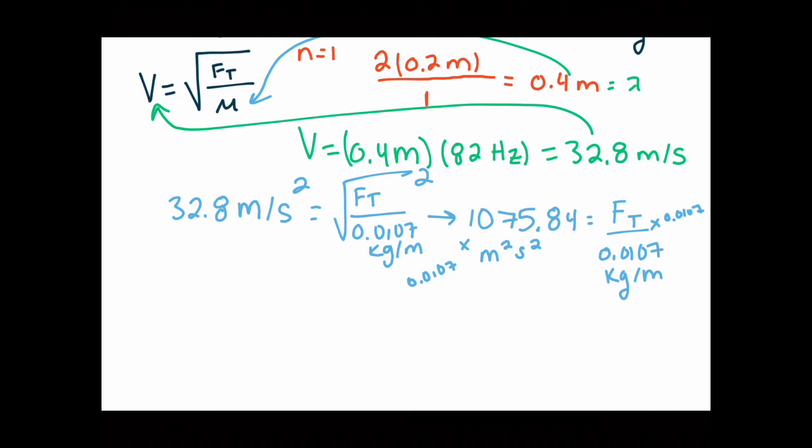I get 11.5 newtons for the force of tension. So this is the force of tension that I would need if I wanted to create a fundamental frequency of 82 hertz on the shoebox guitar using the red rubber band.